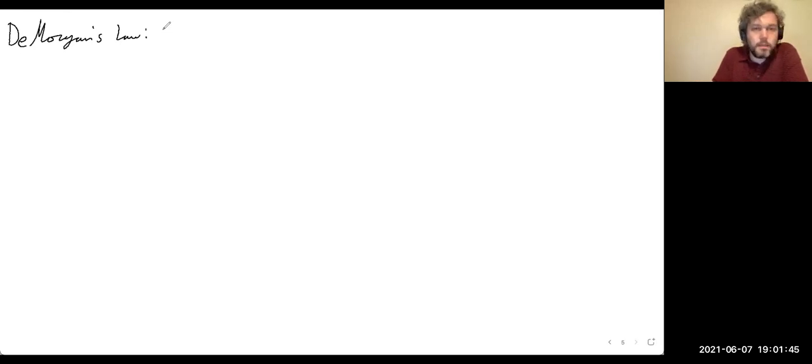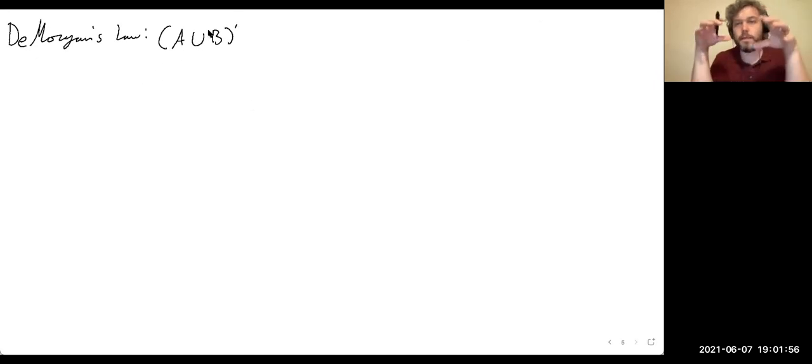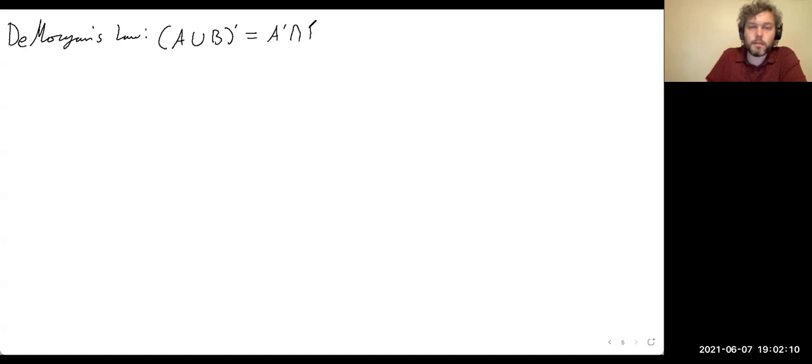So, for instance, A union B complement. So what I'm doing there is I'm putting A union B in the parentheses, and then I'm going to take the complement of those, okay? Now, De Morgan says that we can rewrite this as A complement intersect B complement. That's one version of De Morgan's law.